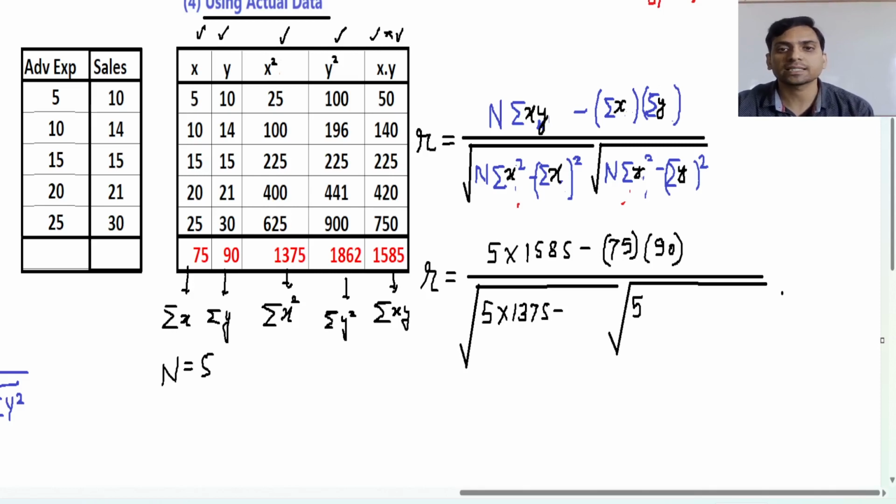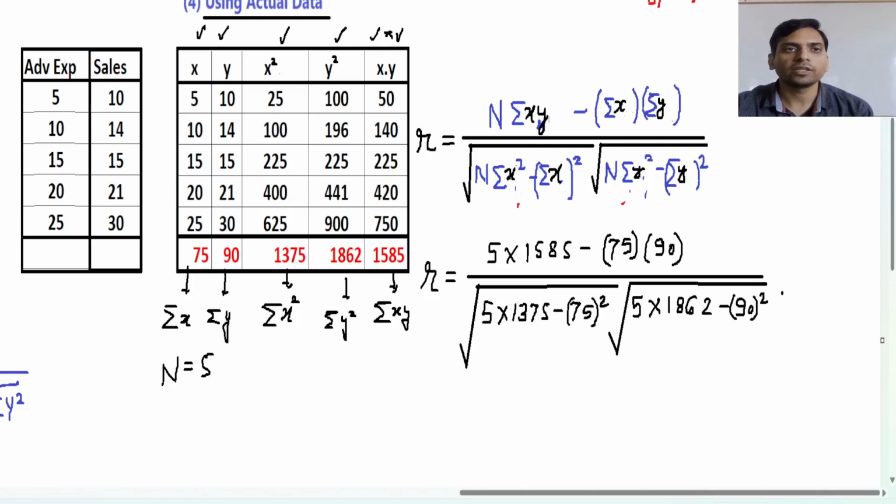So summation x is this 75, so this is 75, its whole square. And this is multiplied by summation y square, that is 1862, minus summation y whole square. So summation y is 90, and we will write its whole square.